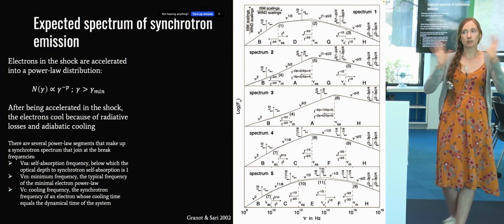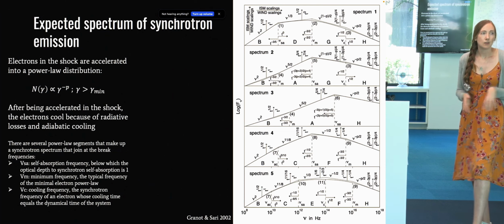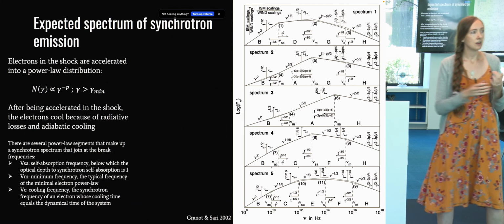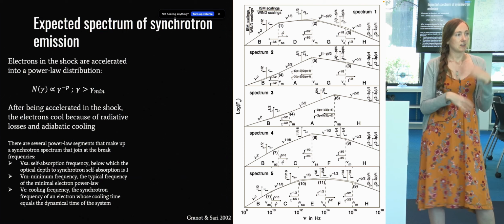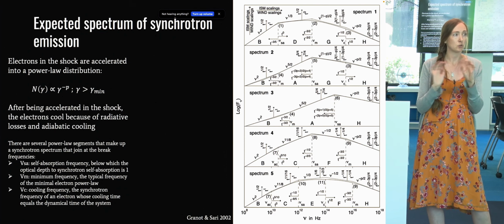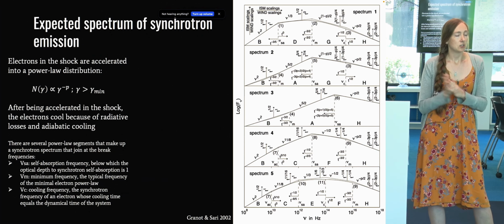Now, there are many different regimes that you can be in for synchrotron emission. It's all extremely complicated, but I'm going to focus in on the one where we tend to see the tidal disruption event emission. And the key thing that we need to understand is that there are several power law segments that make up a synchrotron spectrum, and they join at these break frequencies. So this is a plot from the Granot and Sari 2002 paper.